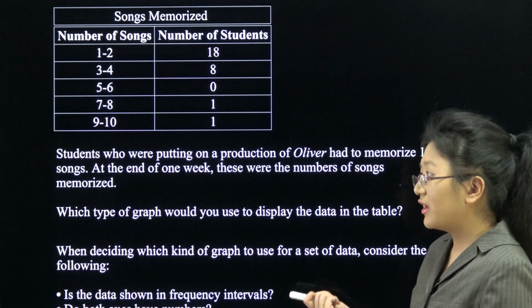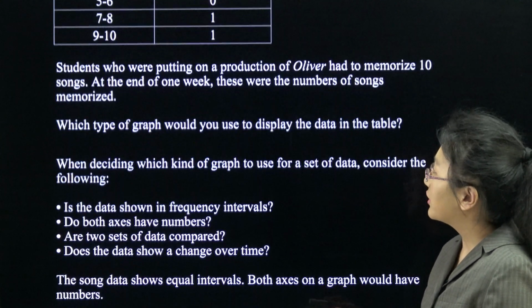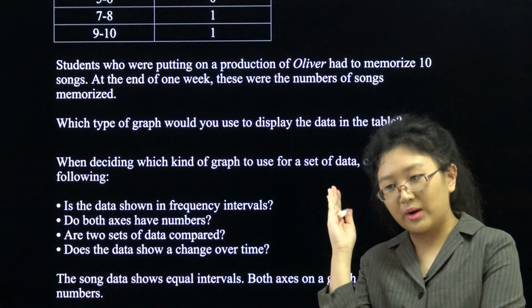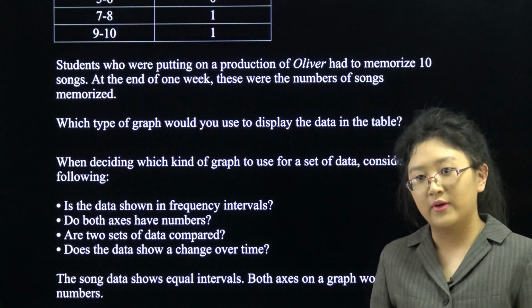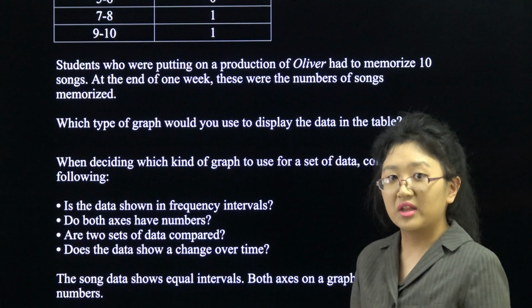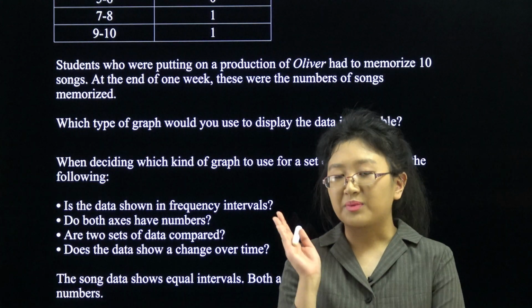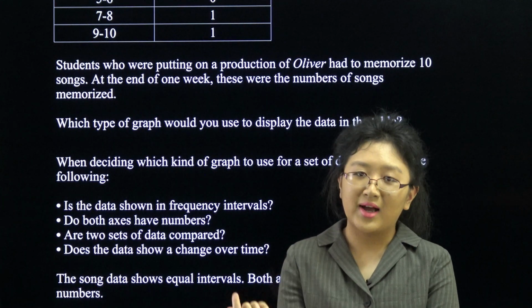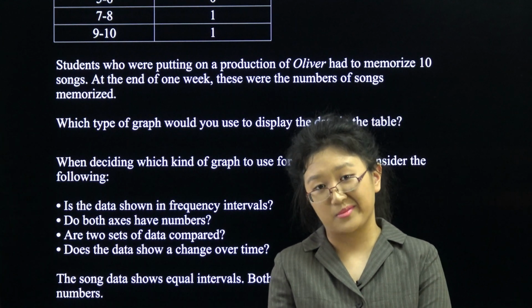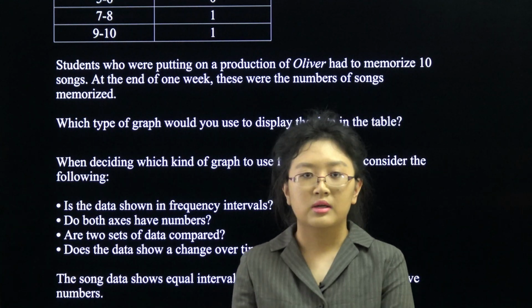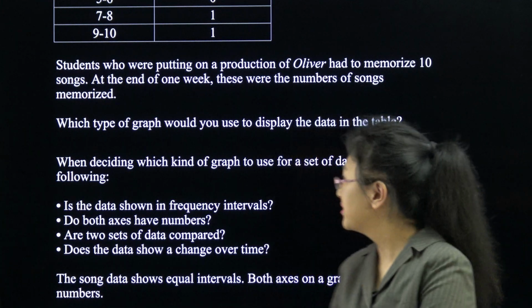Well, when we decide, it includes, are there numbers on both axes? Because if one of them doesn't have numbers, then chances are it's probably a bar graph. It might be a line graph though, because months aren't exactly numbers. Is October a number? Not really.